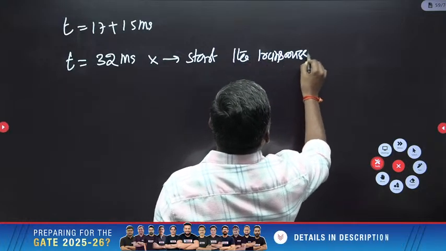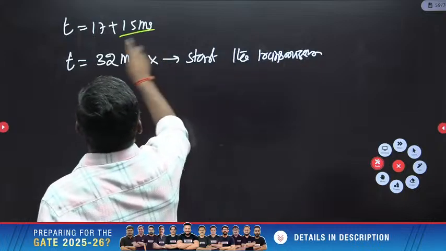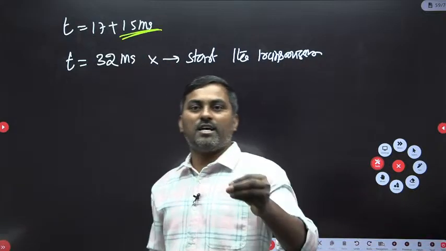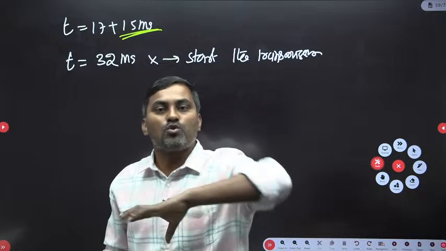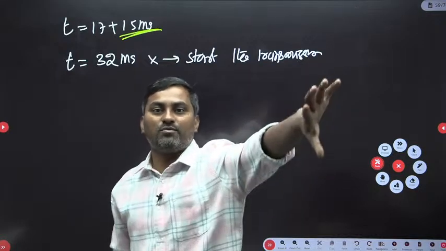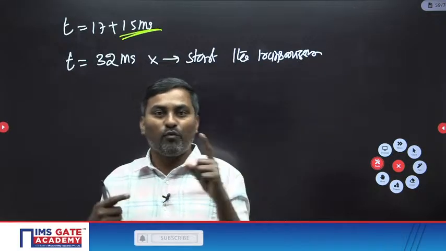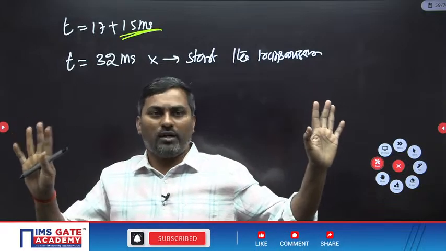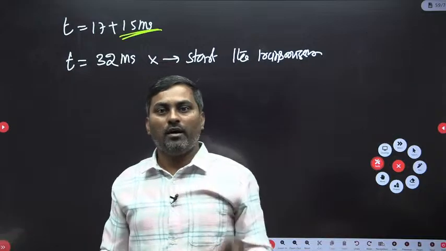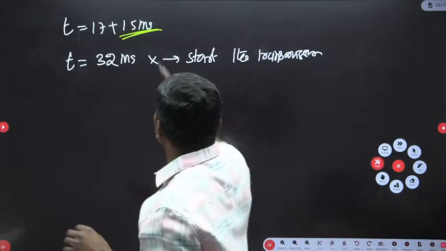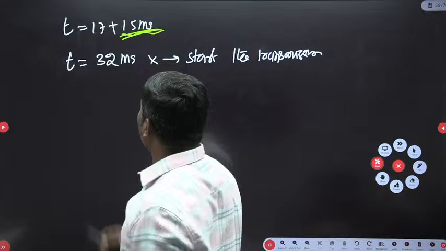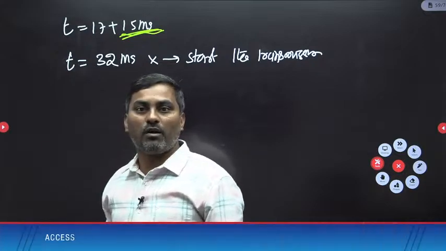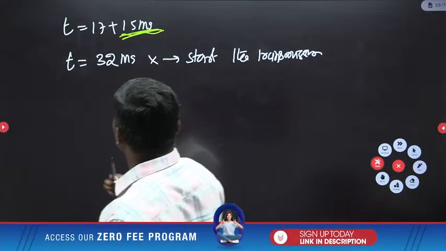Why, sir, are you considering this 15 milliseconds again? Please understand, once a collision has happened, to clear the signal we have to wait for one propagation delay. Any signals that are there can be removed. Are you getting my point? That's the reason we wait for one propagation delay. So frame transmission starts at 32 milliseconds.